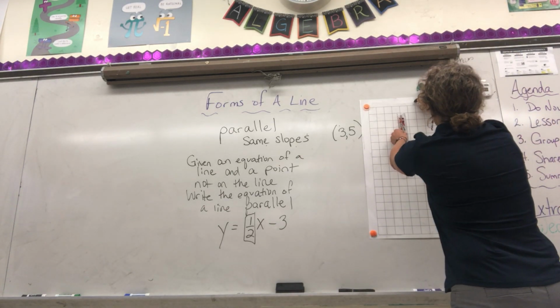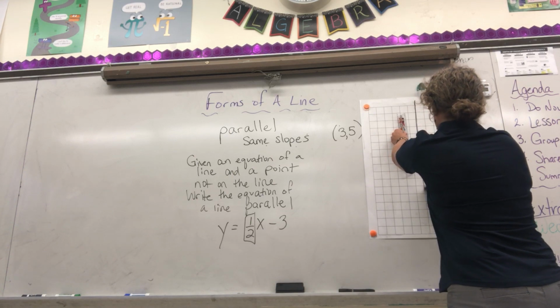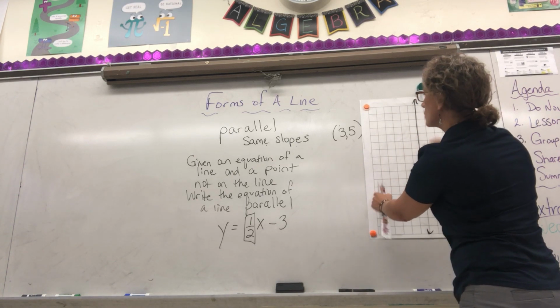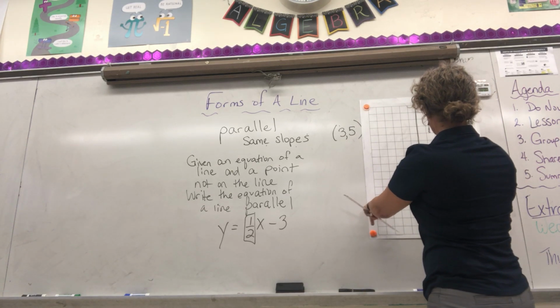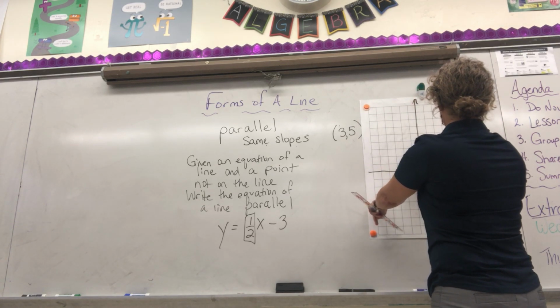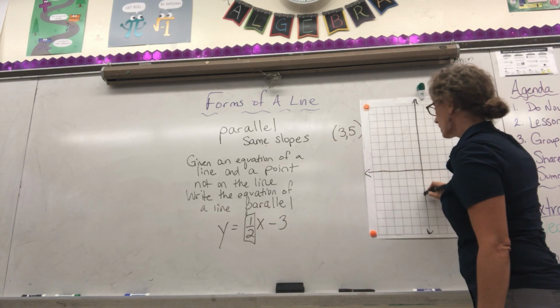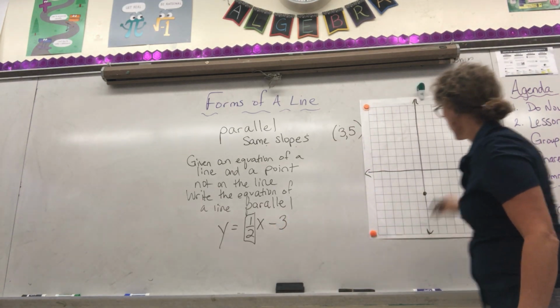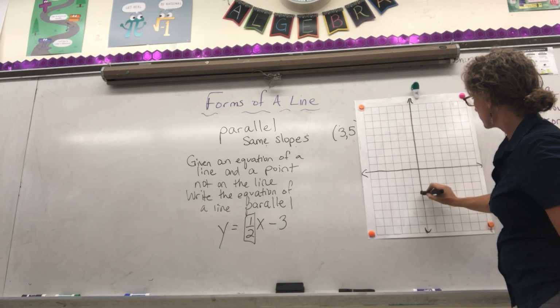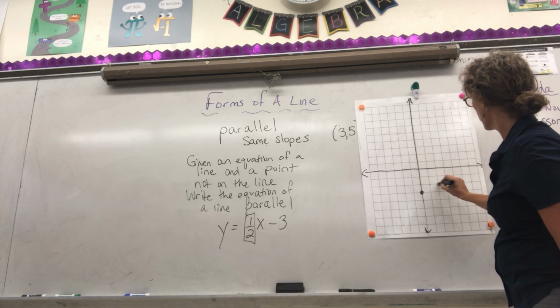So I'm going to set up my xy axis, and I'm at a -3 y-intercept, and I'm graphing a 1/2 slope, which means I have a rise of 1 and a run of 2.